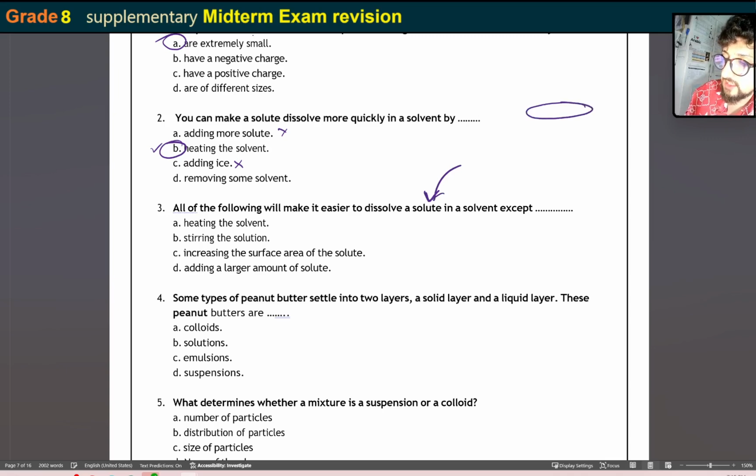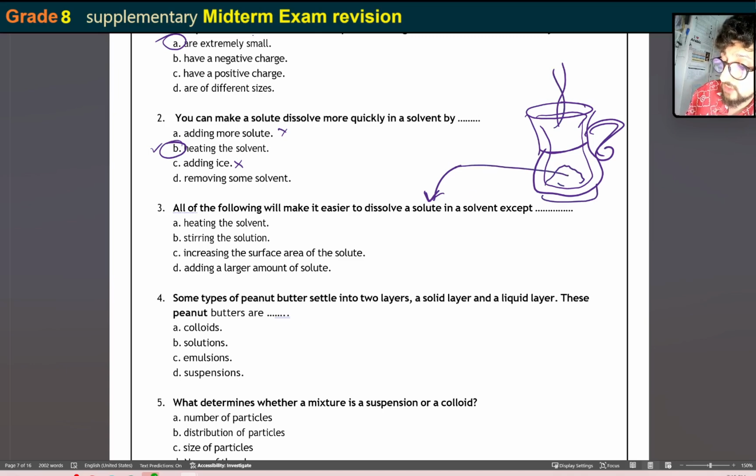So if we look at a cup of tea, and it's rather hot, and then we've got some sugar at the bottom, that there is the solute and the solvent is the tea. So the solute is the solid, the solvent is the liquid, and then both of them together form a solution.